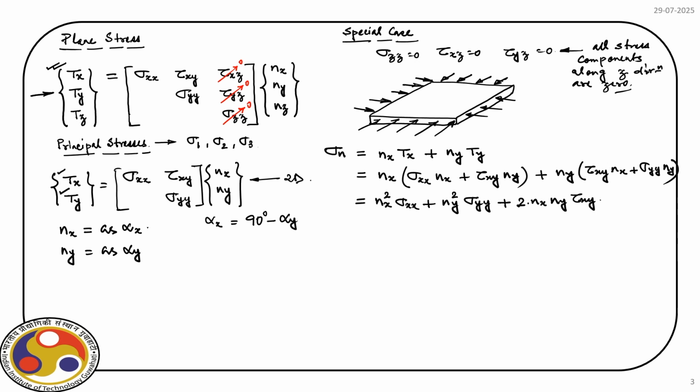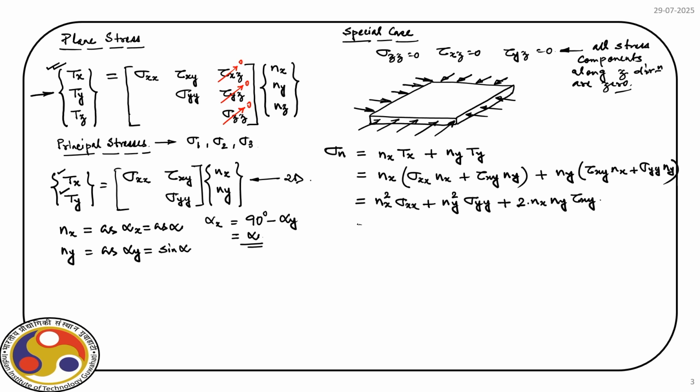So, we can write this as sine of alpha x. Now, if for alpha x we write only one angle because it is in 2D, other one will be 90 degree minus alpha. So, this is cos alpha and Ny is sin alpha.